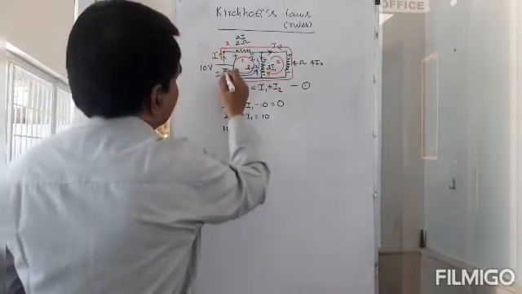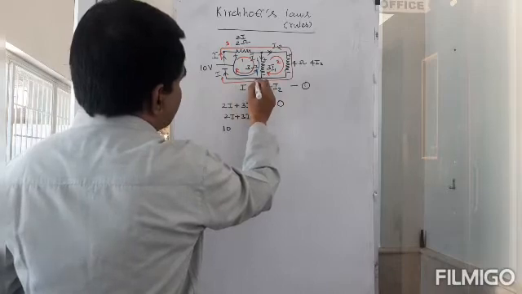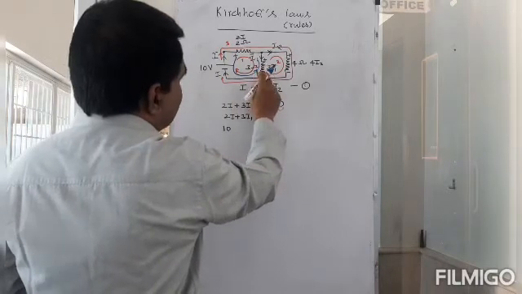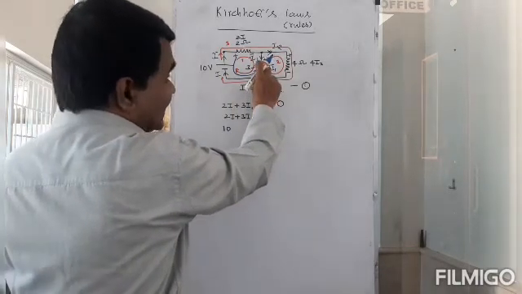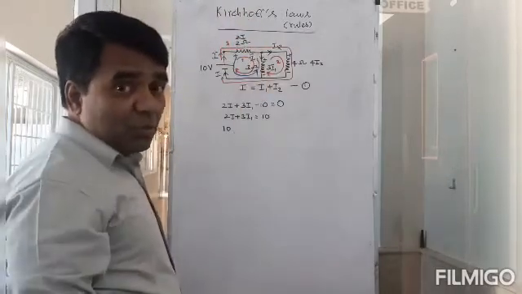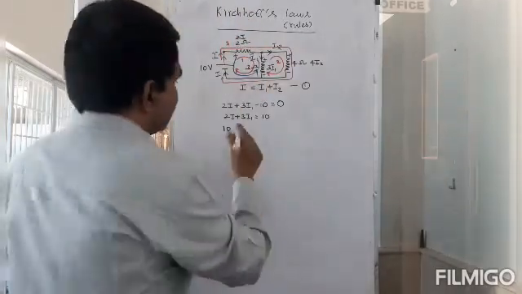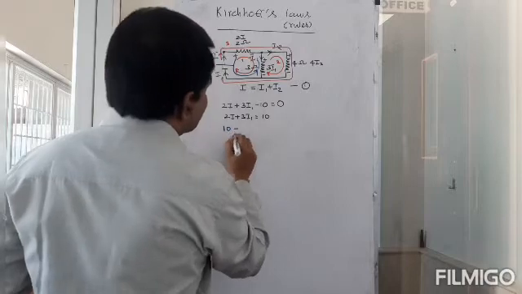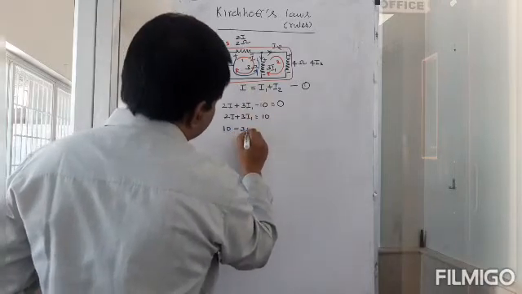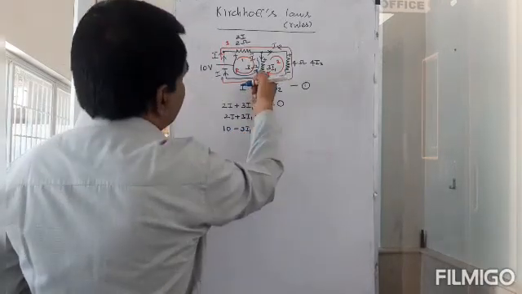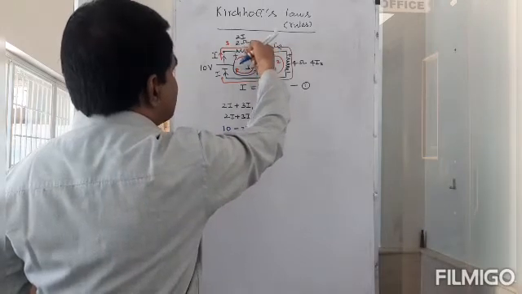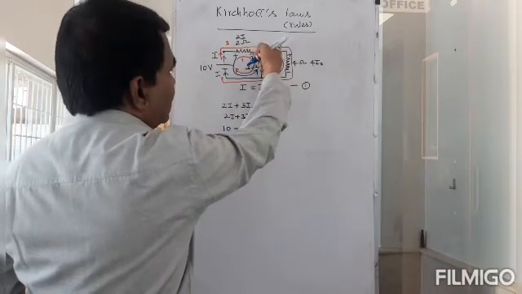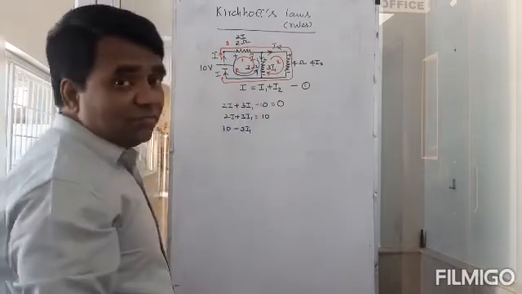Okay, and I come here. What happens? I enter this resistor through the negative potential. So then it will become minus 3i1. And then I come here. Again, I enter this resistor through the negative point.